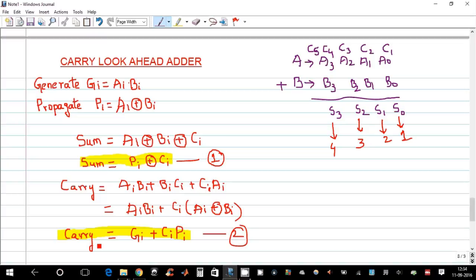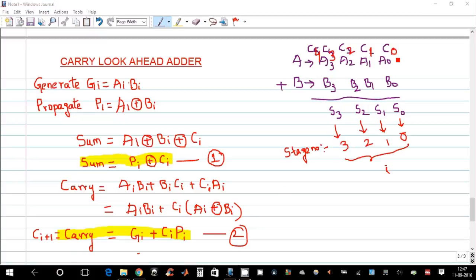So let's jump into the realization of this carry lookahead adder. As you remember, these are our stage numbers, stage 1, 2, 3 and 4. The sum will be the XOR of this Pi and Ci, we need not worry about that, but we need to worry about this carry here.